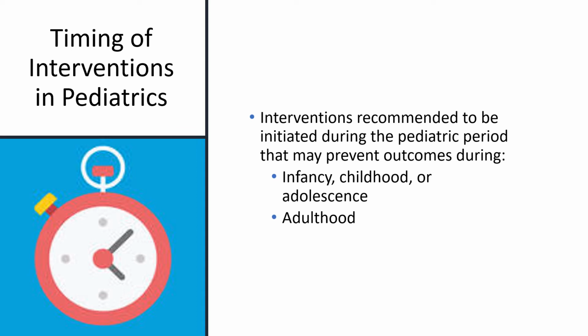I did want to note, for the timing of interventions for the pediatric AWG, we think about interventions that are recommended to be initiated during the pediatric period. However, the outcomes that these interventions are meant to avoid, we think about the onset of these outcomes both in the pediatric period as well as adulthood.